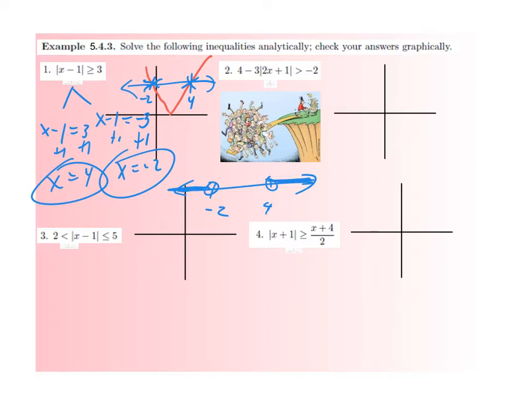All right, let's look down at this one. Look at number 4, everybody. The first one's super easy. It's just a V shape shifted 1 to the left again. Hold on. The other one, not so easy.